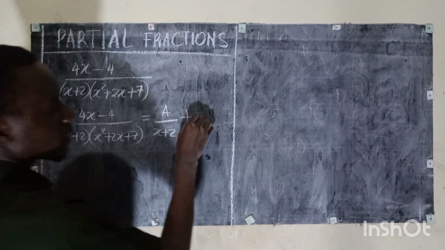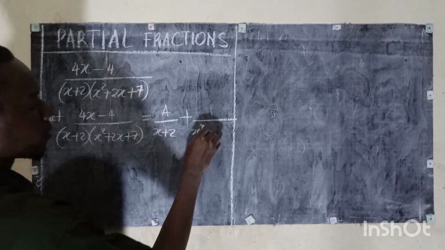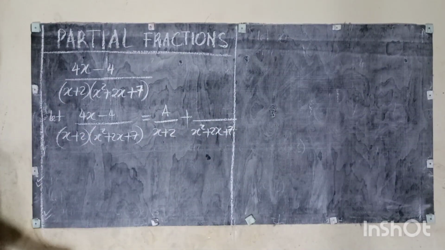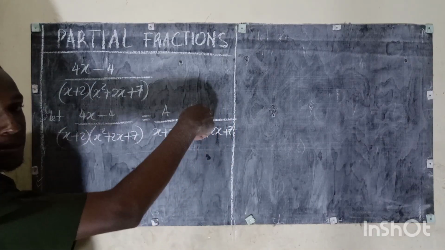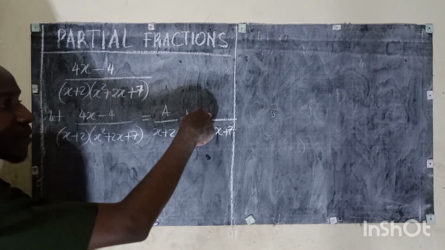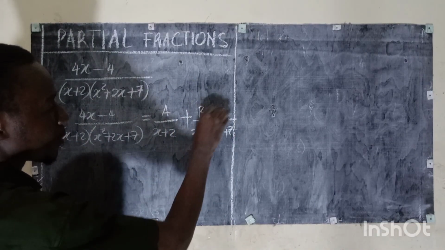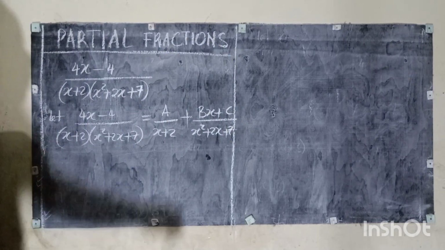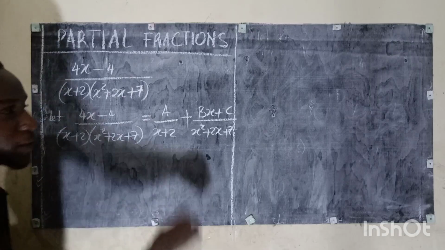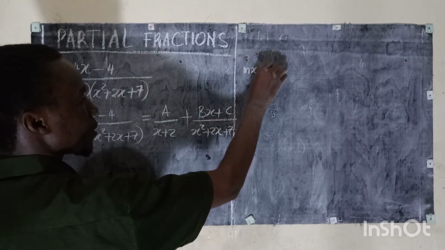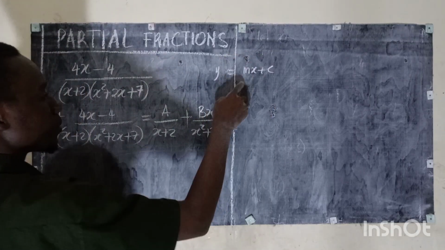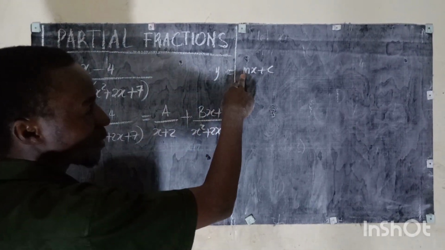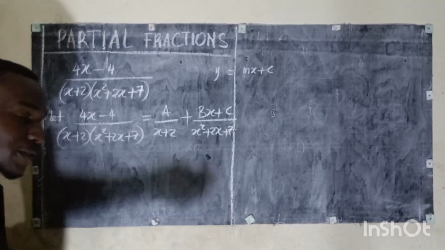And for this quadratic expression, which cannot be factorized, we shall let a linear expression up there. That is Bx + C. You can refer from the equation of a line being in that form, y = mx + c, where m and c are constants. Of course, m is a gradient, but it is a constant for a given line.